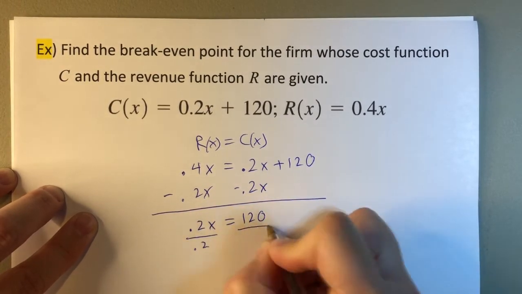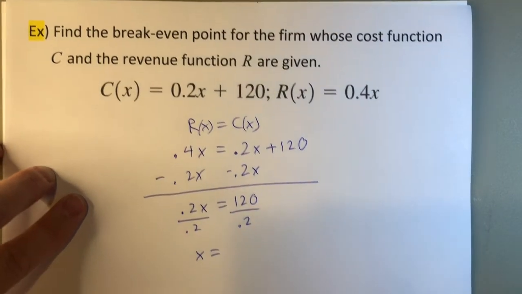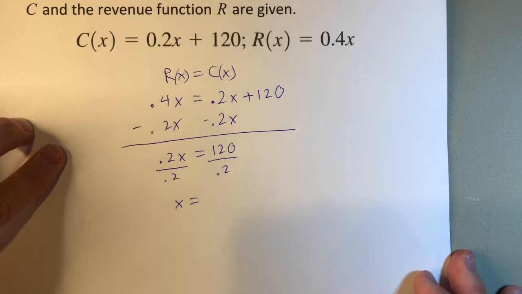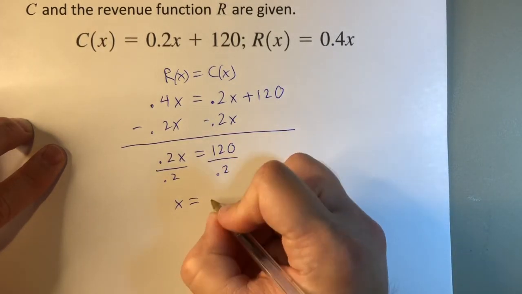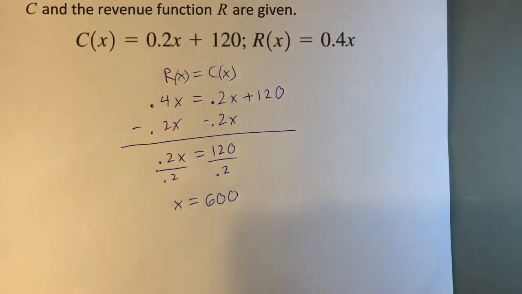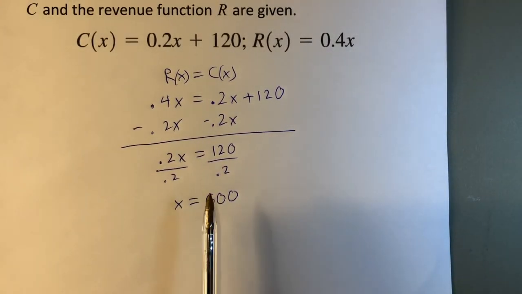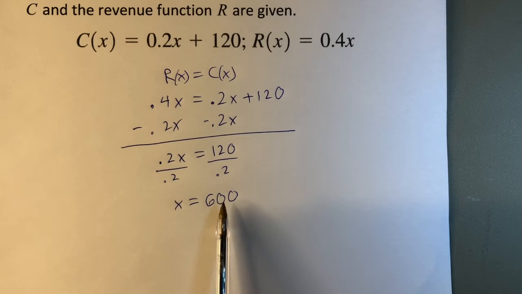Then I'm going to divide both sides by 2/10. So X is equal to 120 divided by 2/10, which is 600. Yes, 600. This really means that this firm, in order to break even, needs to manufacture, needs to produce, needs to sell 600 units of whatever the product is.